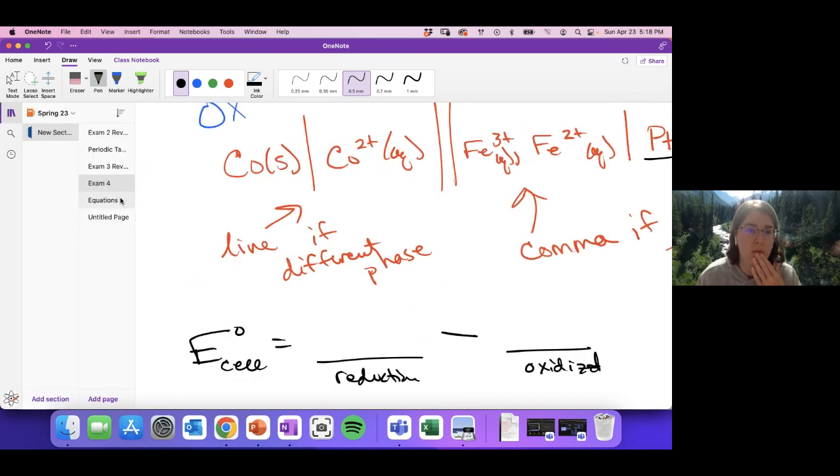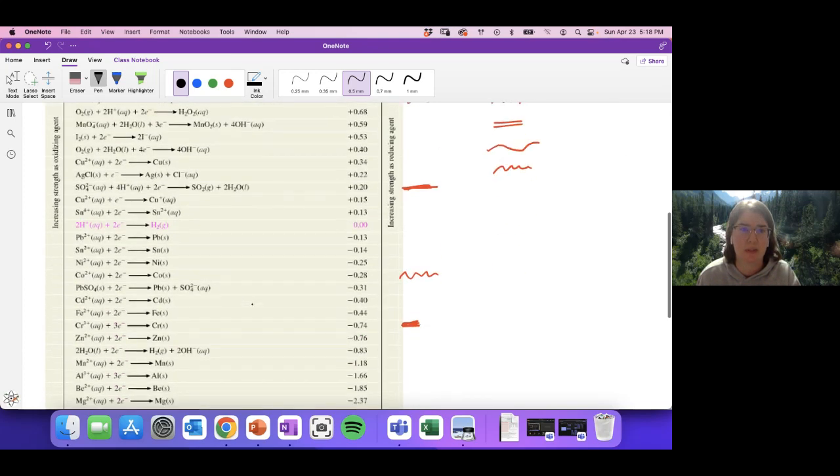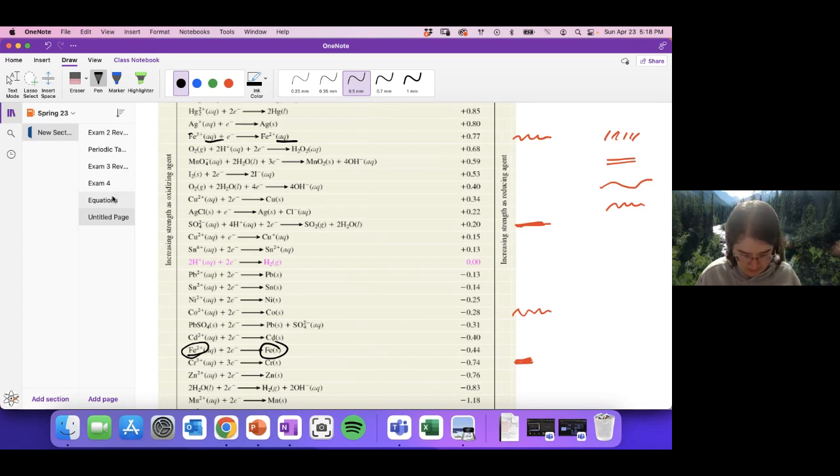So I'm going to go to this. Again, I have cheated a bit because I already have these labeled. So my iron is positive 0.77, iron 3 plus to iron 2 plus. When y'all are on this table, iron shows up in a bunch of different places, but I need the one that is all aqueous. That's what I want, so that's what I'm going to use.